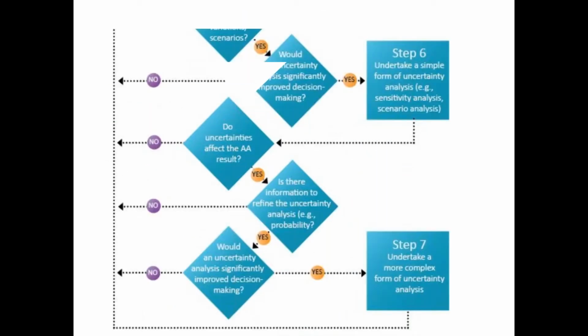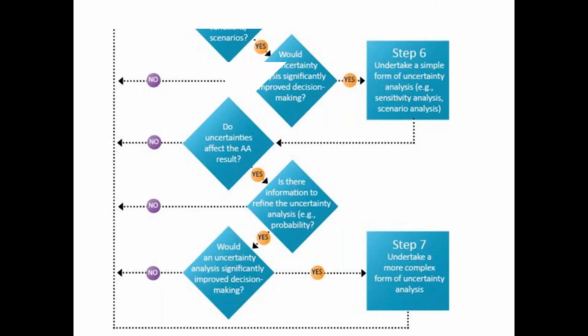And then after step 6, undertake a simple form of uncertainty analysis such as sensitivity analysis or scenario analysis, we again ask the same question: do uncertainties affect the AA result? After undertaking this sensitivity analysis, you may find that your result is very sensitive to some of the assumptions that we have made.